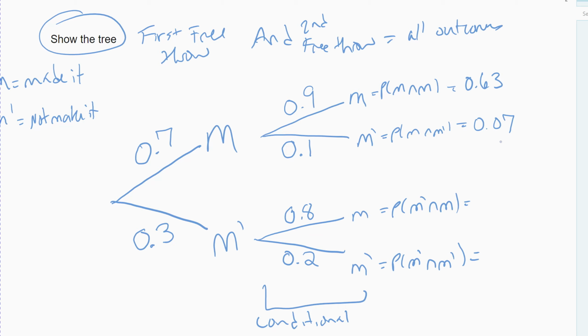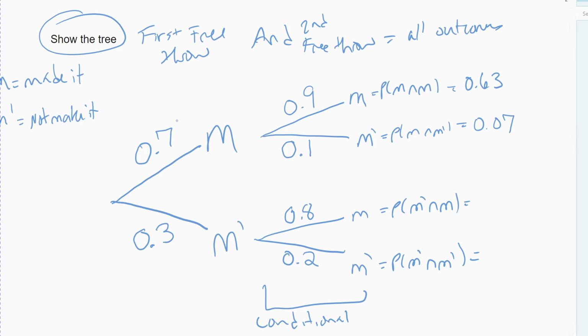And if you look at this, which I mentioned when we went over the generic case, these are all of the outcomes where she made the first, right? These are both of the outcomes where the first shot was made, which is 70% of the outcomes. If you add 0.63 plus the 0.07, that adds up to 0.7. Right? Those are the 70% of the cases where she makes the first.